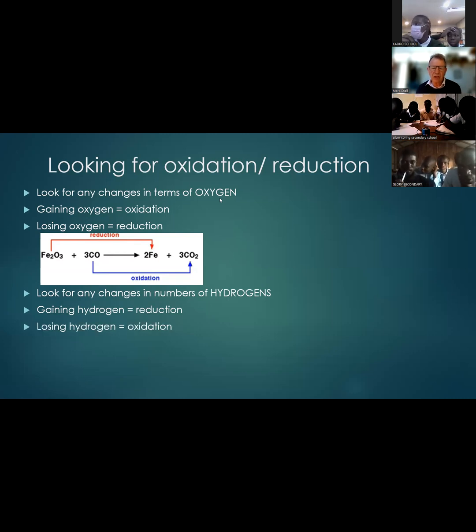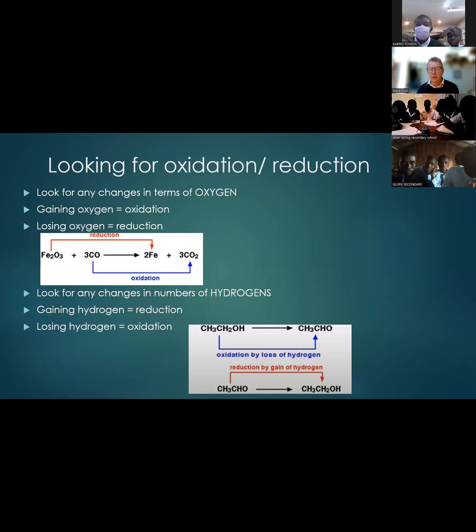So if you lose hydrogen, it must be oxidation. Here's an example. This is ethanol. Okay, it's an alkanol from Form 4 chemistry. An alkanol, when it is oxidized, turns into ethanol here.